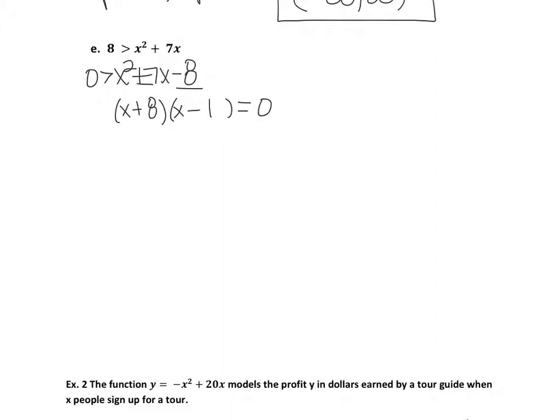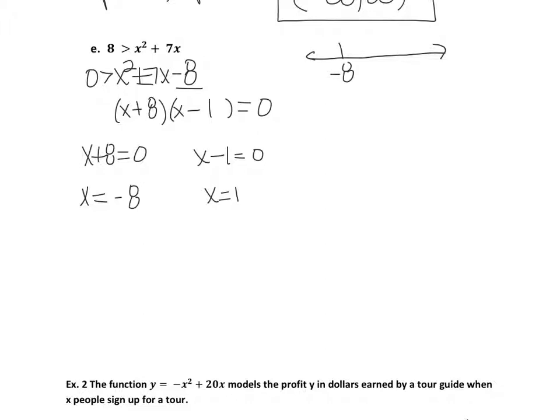So if I set both of those equal to 0 and I solve, I'm going to get 2 test values, negative 8 and positive 1. So I'm going to draw my number line, and I'm going to put negative 8. You always put them in order, least to greatest, and 1.